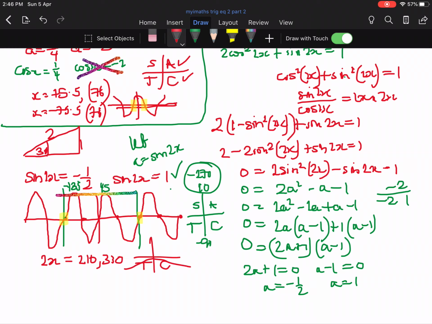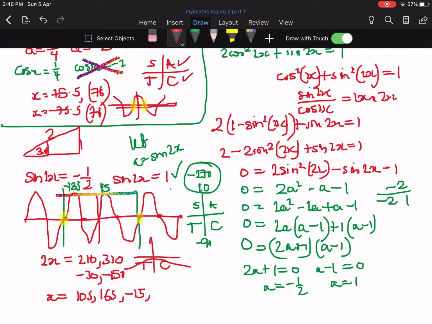But I also need to know that it's negative 30 in the negative part, and it's going to be negative 150. So that's given me 4 possible answers. However, I want to find out what it is for x. So I need to divide all these by 2, which gives me 105. It gives me 165. It gives me negative 15.